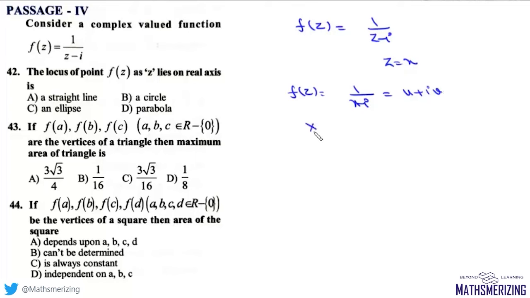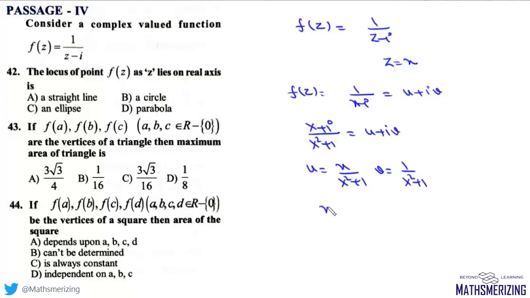Now we can write this as (x plus iota) upon (x square plus 1), which is equal to u plus iota v. Now u is x upon x square plus 1 and v is 1 upon x square plus 1.